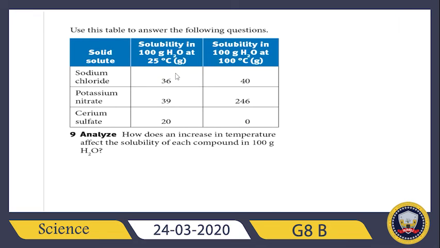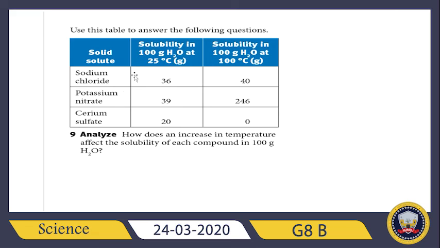So now let us study the solubility of each of these solids at these different temperatures. For sodium chloride at 25, the solubility was 36, while when we increase the temperature to 100, the solubility, as we can see, slightly increased to 40. What about potassium nitrate?